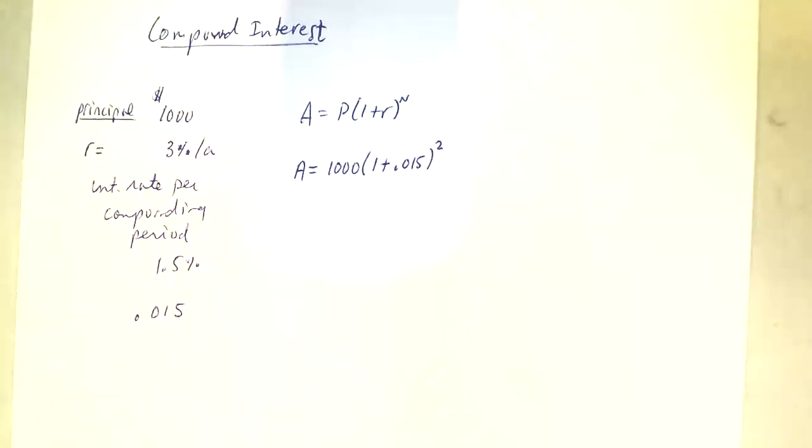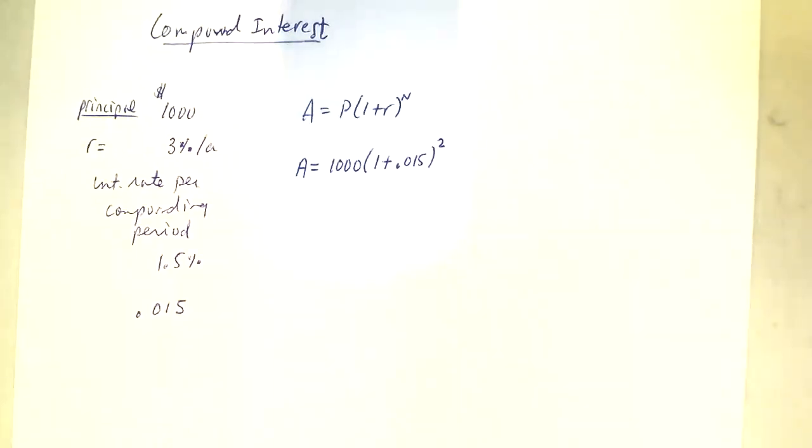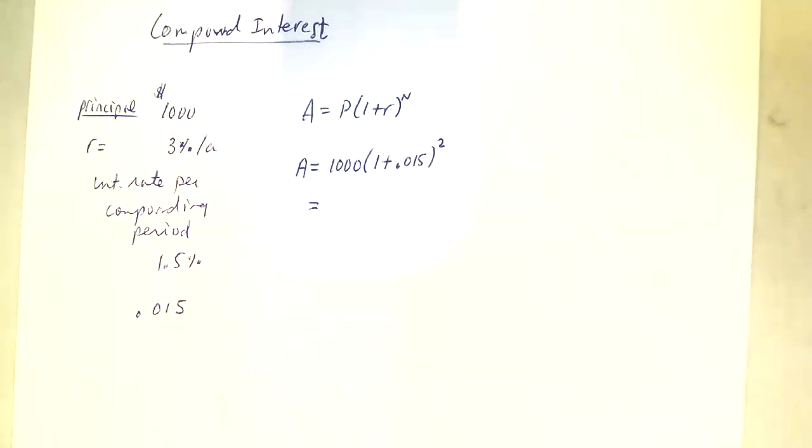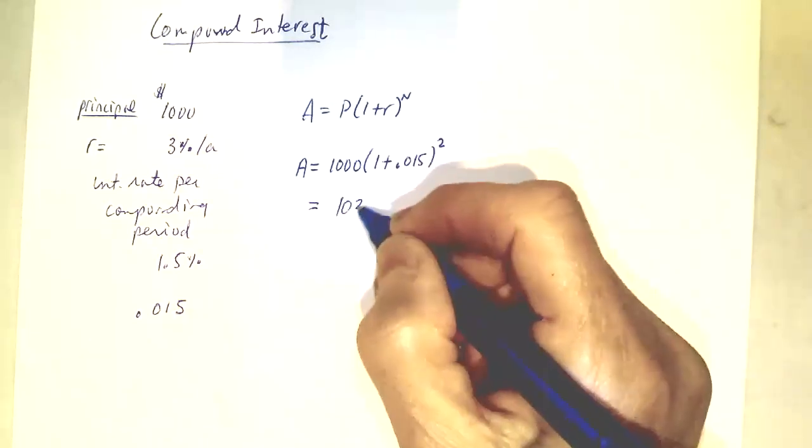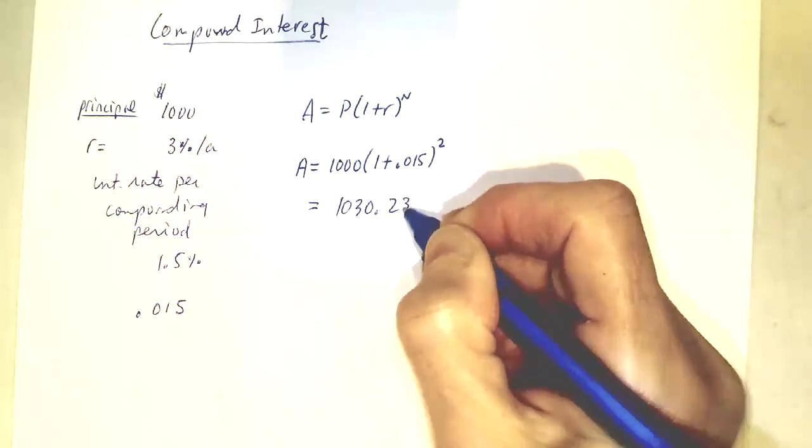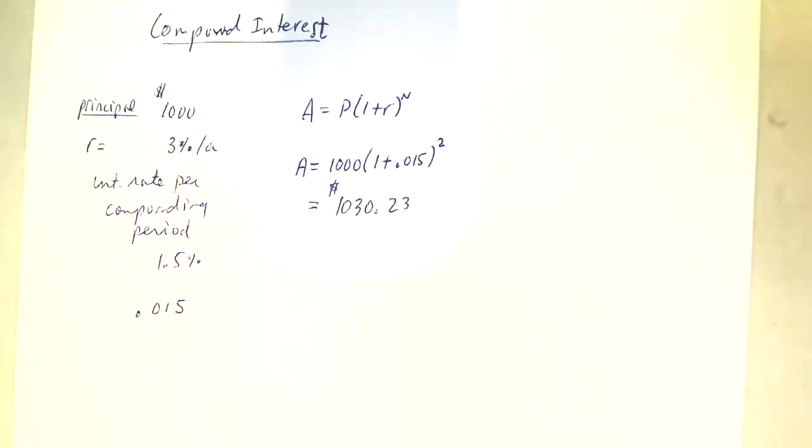And so when you punch that out, you would have 1,000 times 1.015 to the exponent 2, and you would have $1,030.23 at the end of the year. And that $30 is pure interest.